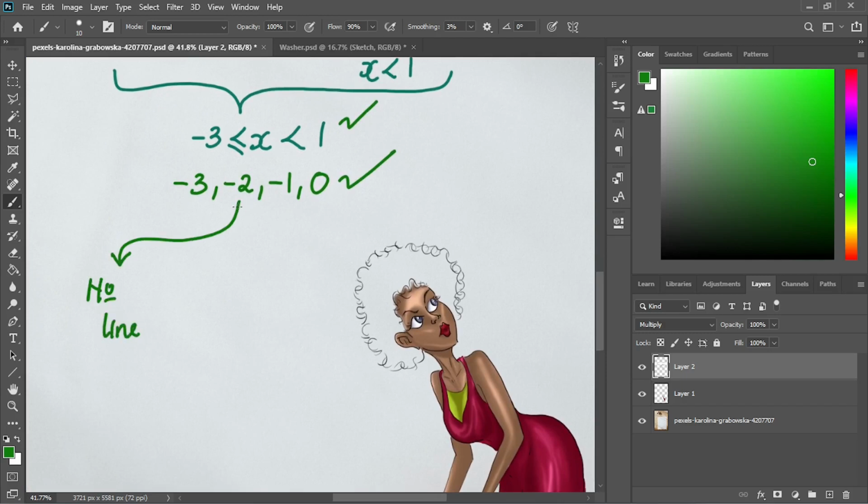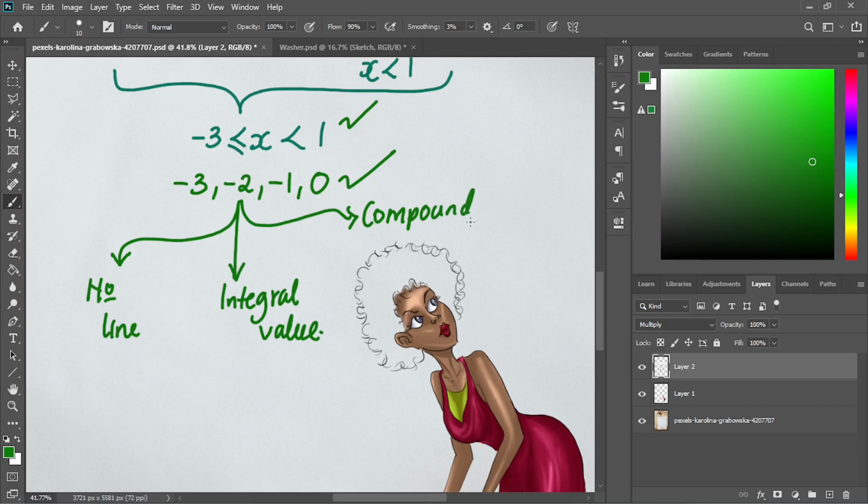Number 2, you can be asked to just give the integral values, and if they ask for the integral values, just remember they want the integers which satisfy the given range. And then thirdly, you can give it as a compound statement, just the way we have done at this particular point before working out.